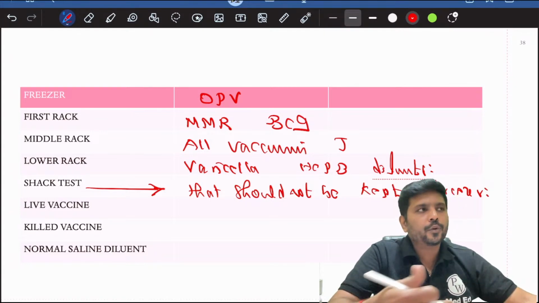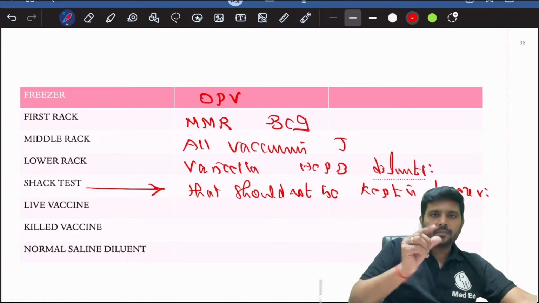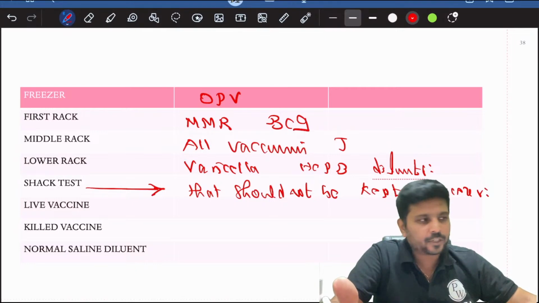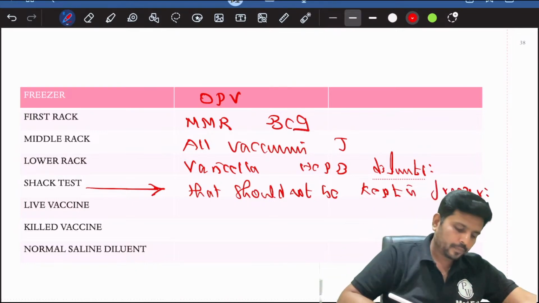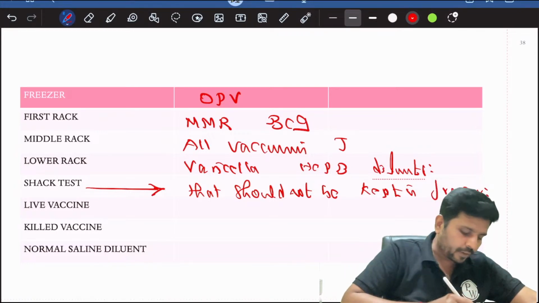How do you know you have accidentally frozen them? Simple. Take the vaccine, shake it, and look for sediment. Presence of sediment means you had accidentally kept the vaccine in the freezer. This is very, very important.